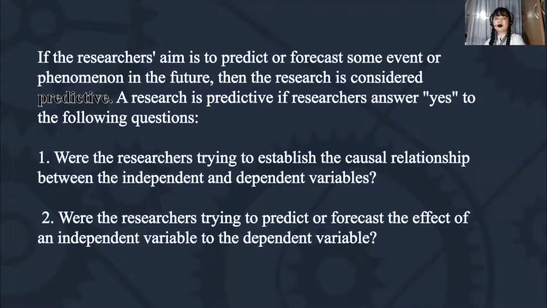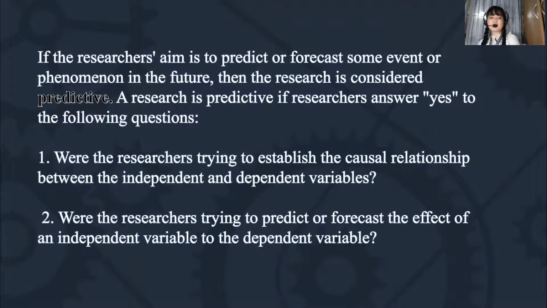If you say yes to the following questions, which is first, where the researcher is trying to establish the causal relationship between the independent and dependent variables, and if the researchers are trying to predict or forecast the effect of the independent variable on the dependent variable, then your research is a predictive quantitative non-experimental research.